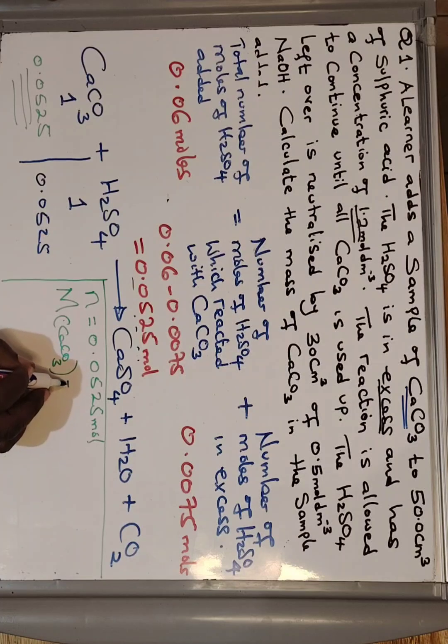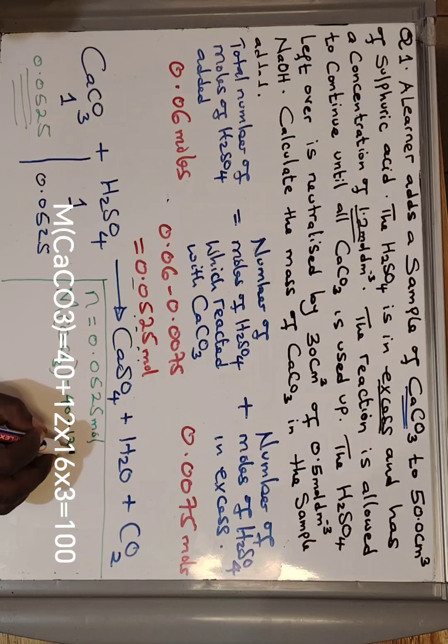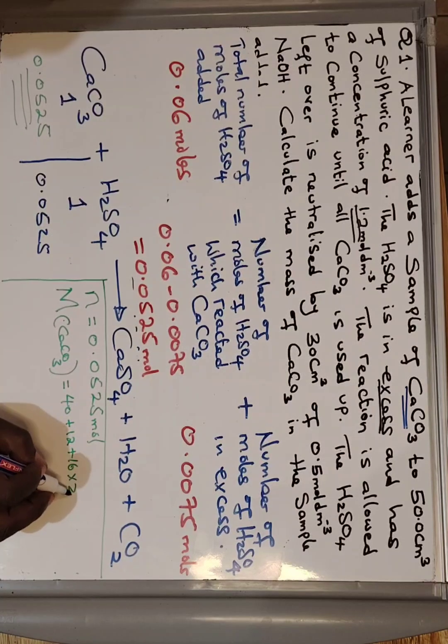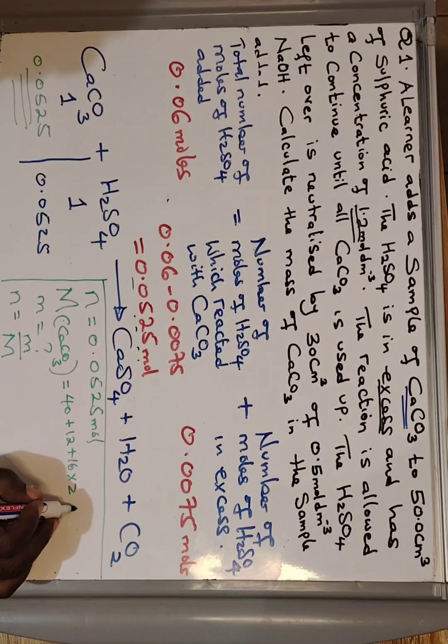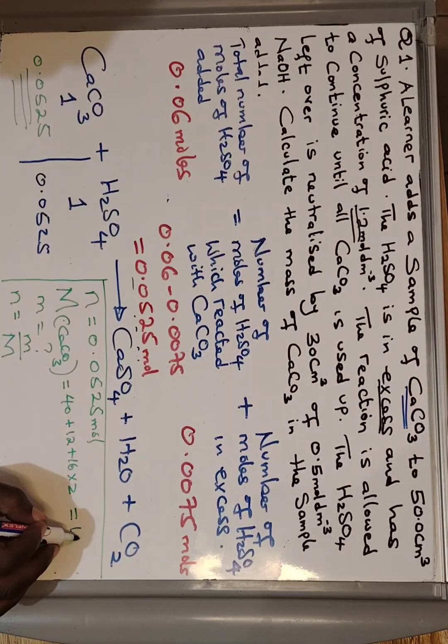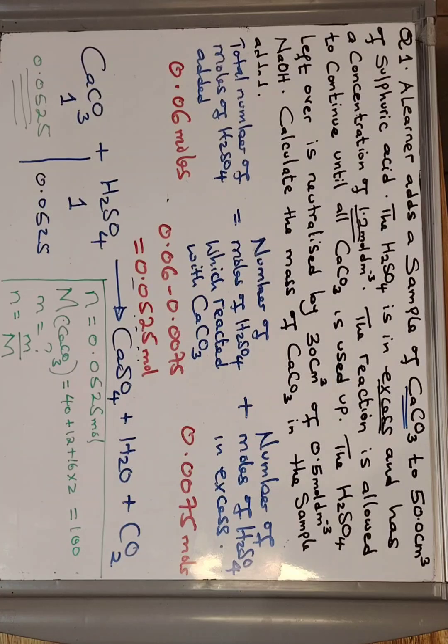Let us see, it is 40 plus 12 plus 16 times 2. Then after getting that information, we are looking for mass. And the equation says number of moles is equal to mass over molar mass. So after computing here, the number is 100. So the molar mass of calcium carbonate is 100 grams per mole.